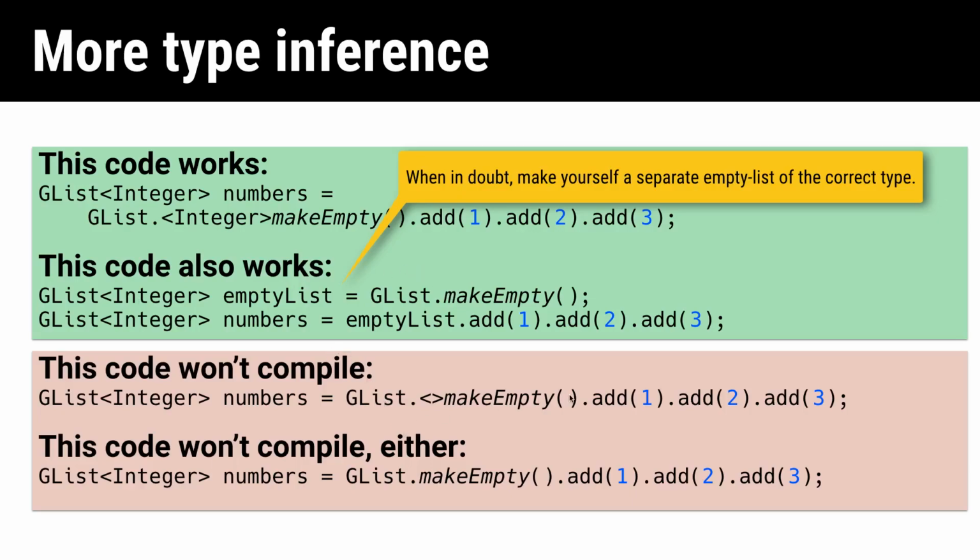In the second case, you're calling these add methods on it, and the compiler can't figure out where this is actually going to be executed and what the type is going to be of the whole thing in the end. So it doesn't know how to call make empty with a specific type. So you either make your empty list like this if you hate passing types, or you make your make empty list with the type, and then everything works fine.